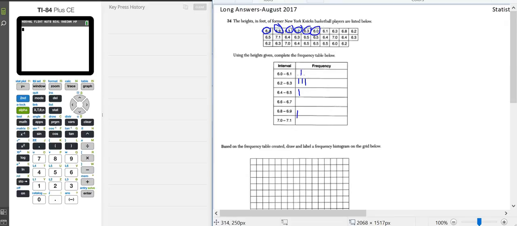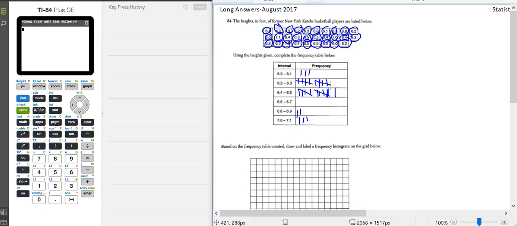Next one is 6.0. 6.1. 6.3. 6.8. 6.2. 6.5. 7.1. 6.4. 6.3. 6.5. 6.5, 6.4, 7.0, 6.4, 6.3, 6.2, 6.3, 7.0, 6.4, 6.5, 6.5, 6.5, 6.0, and 6.2.